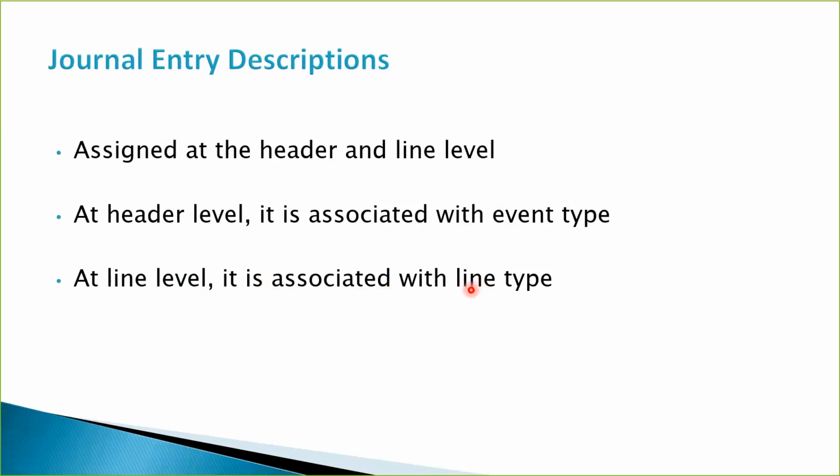As we are going to see further down this session, a line type corresponds to a line in the journal. So when we are creating a line type in SLA, basically we are creating the logic or the rules of how the line will appear in the journal.